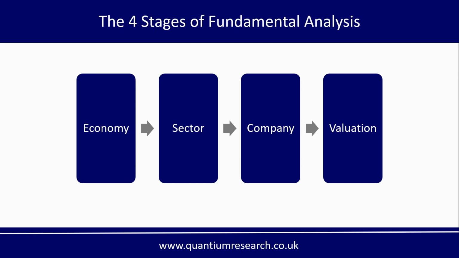And this brings us on to the individual companies. It is best to have a look at a basket of companies per sector in order to determine relative valuations. And by this, I mean noting the differences in, say, PE ratios, price to earnings ratios, and such other metrics between companies in the same sector.